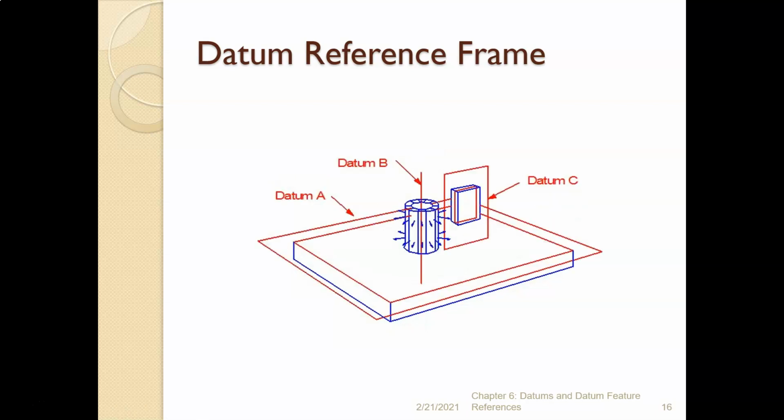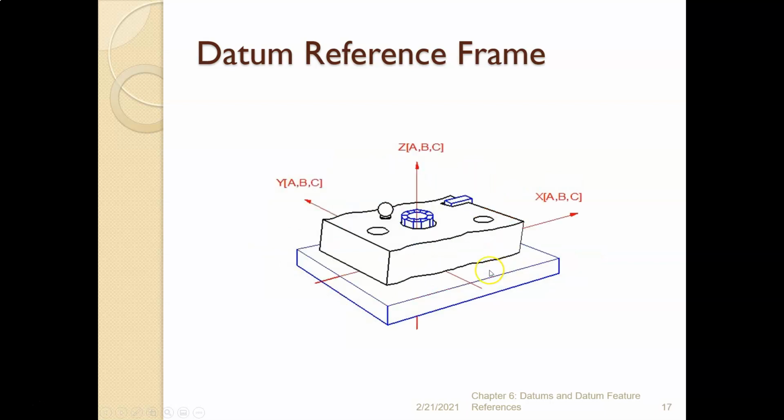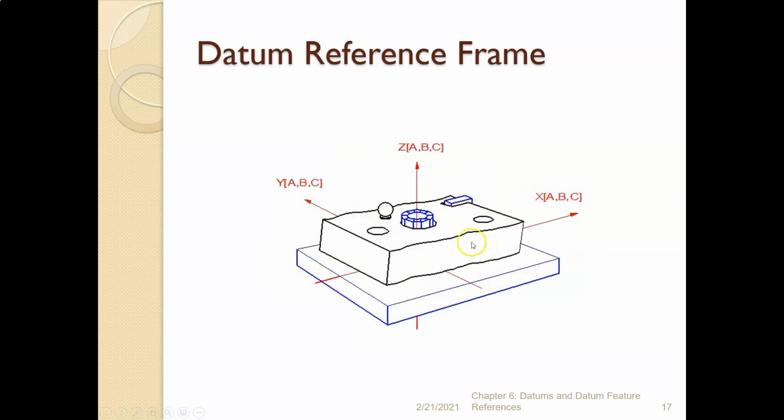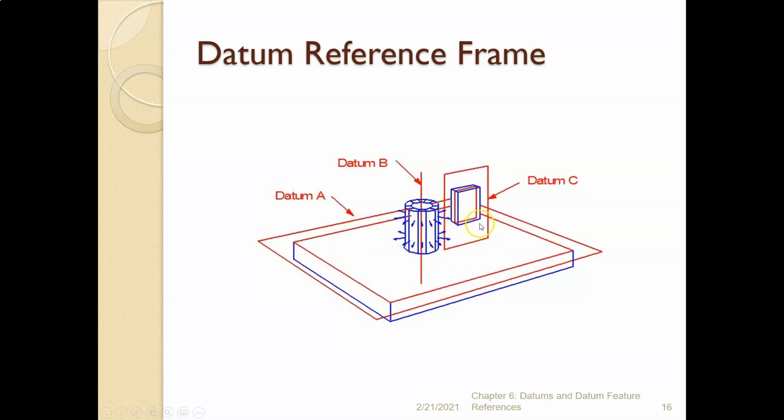So these features locate a datum reference frame. These are three mutually perpendicular planes. Now you might be wondering, well, the axis isn't really a plane. Yes, but it allows us to establish a mutually perpendicular plane from A and B. B is a plane, A is a plane, and B would be that last plane perpendicular to A and C, going through the axis.